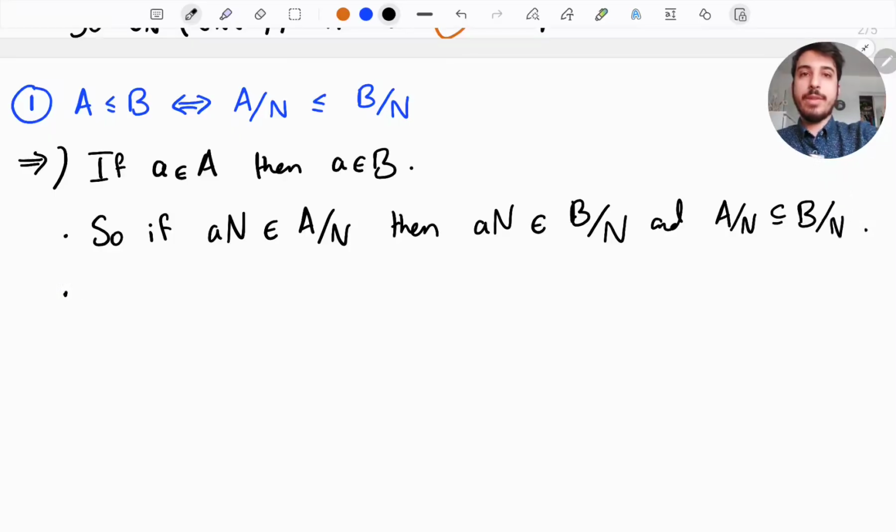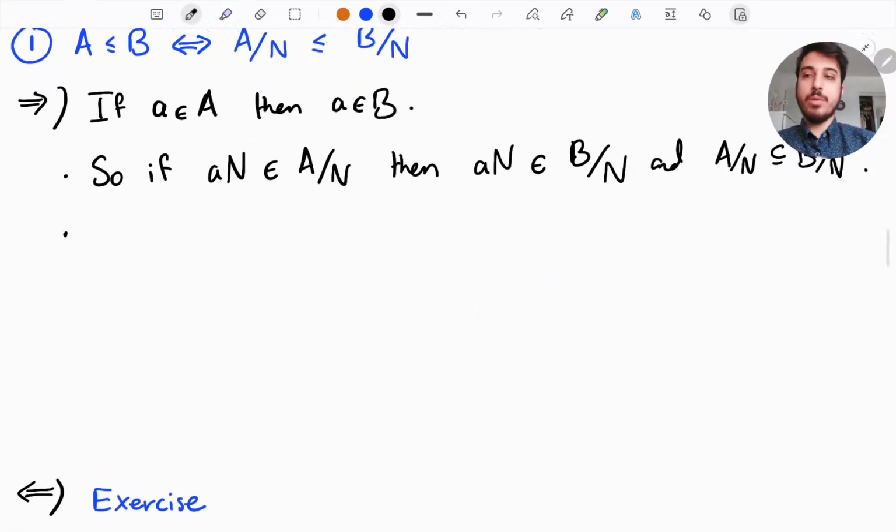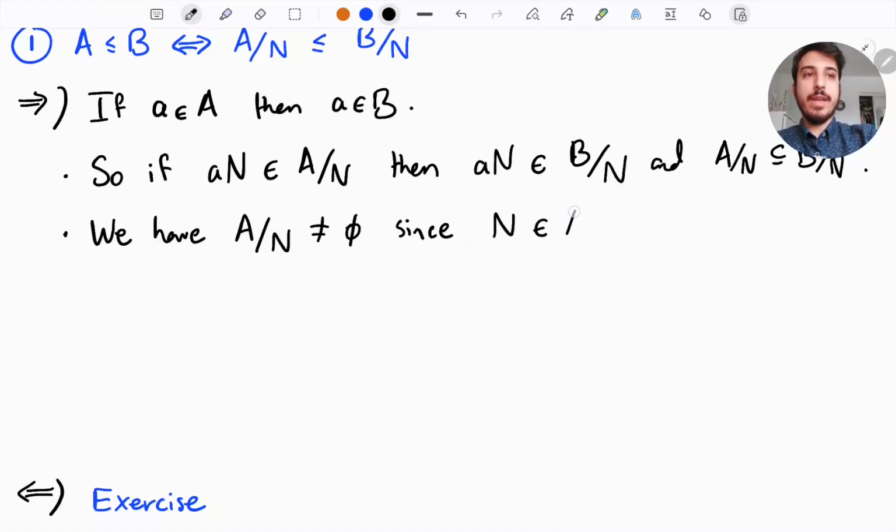Now it's time to prove that it's not only a subset but a subgroup. We have that A/N is not empty since N is contained in A/N. We know that N exists, so it's the identity element of the quotient group A/N.